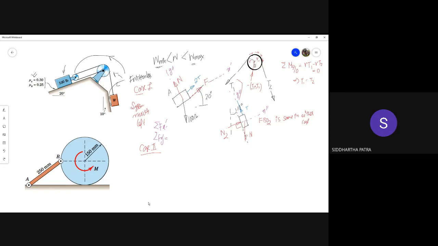Is there anyone else who got W min? Yes, sir. That is 3.05. Yes, sir. I am also getting the 3.05. Okay, so let's move on to the next problem.